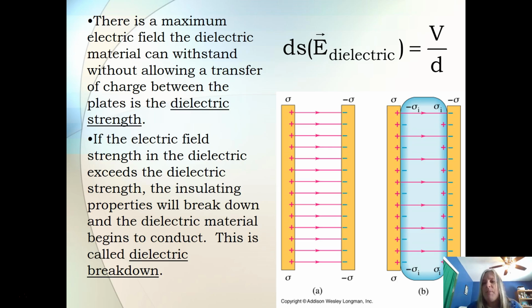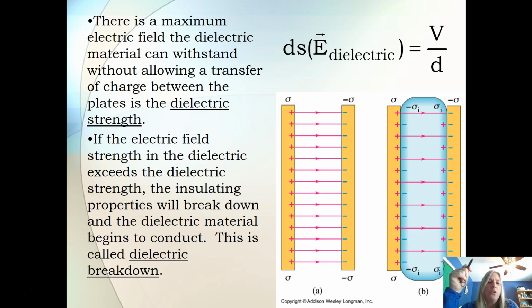It becomes a conductor and I kill the capacitor. So there's only so much voltage and electric field that a dielectric can handle. And after that, it's kaput.